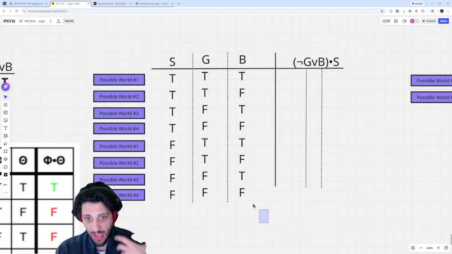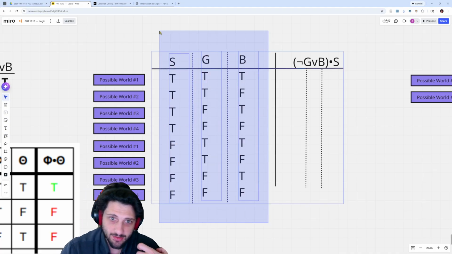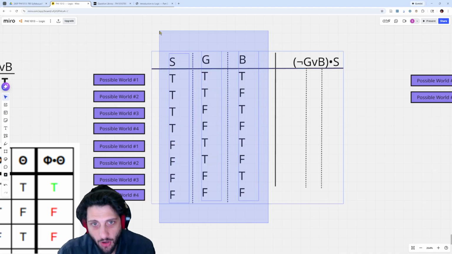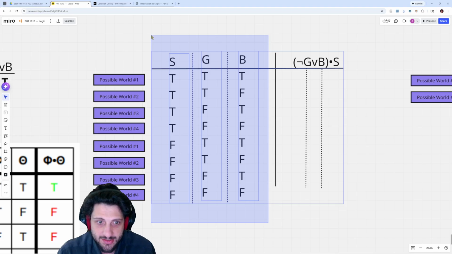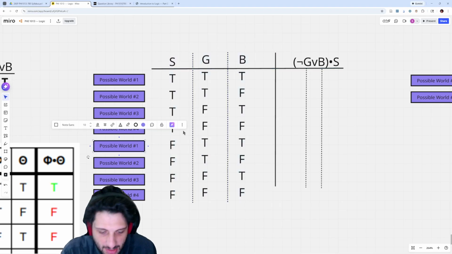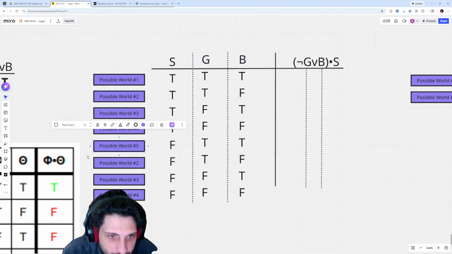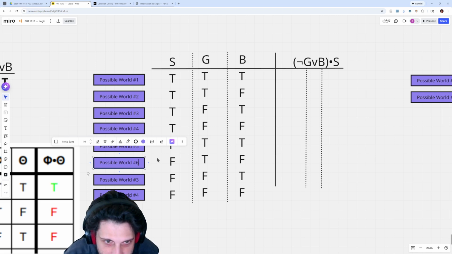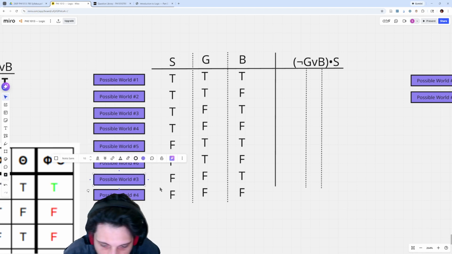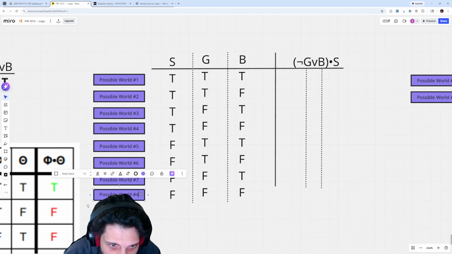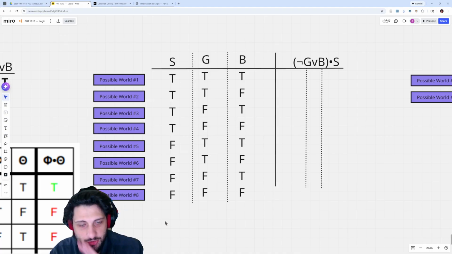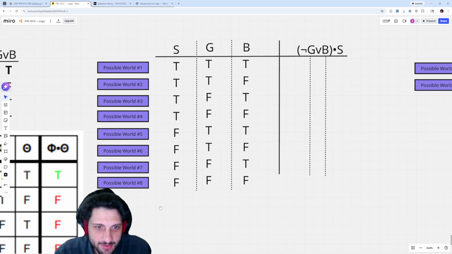So we have literally every combination of all three of these atomic statements. And so let me rename these. This is possible world 5, possible world 6, possible world 7, possible world 8.